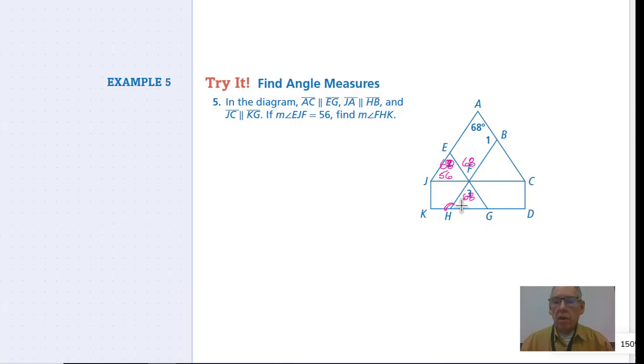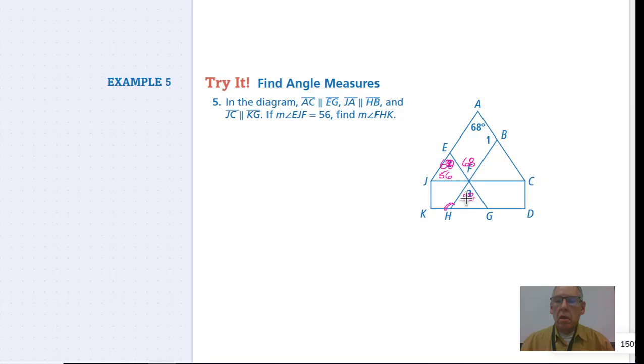Let's see, we got parallel lines cut by a transversal now. That's not going to help with that. Let's see what else we got. These parallel lines cut by a transversal.